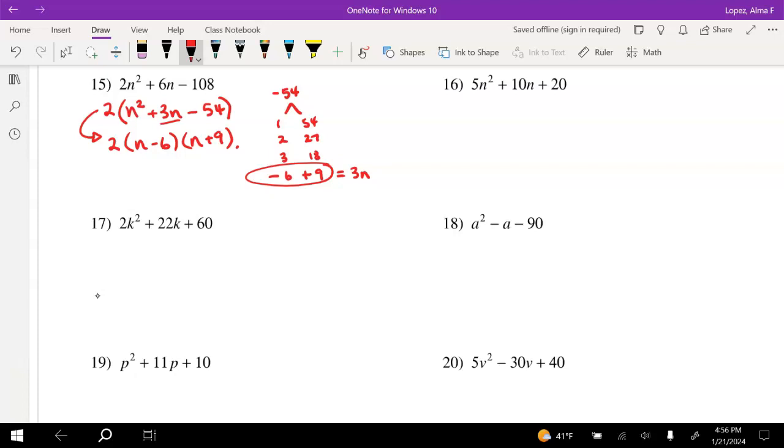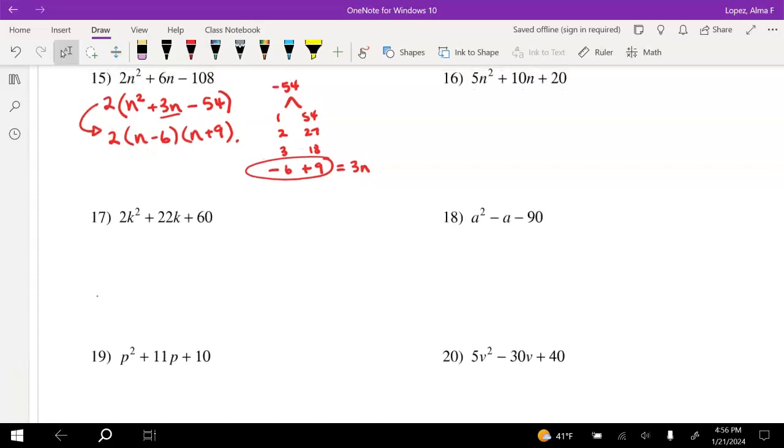Looks like the same thing is happening on number 17. We're going to start off by factoring out the 2. That's going to leave behind a k squared plus 11k plus 30. Looks like a type 1. Let's try it. The 30 factors into 1 and 30, 2 and 15, 3 and 10, 5 and 6.